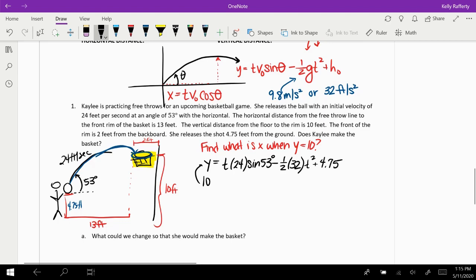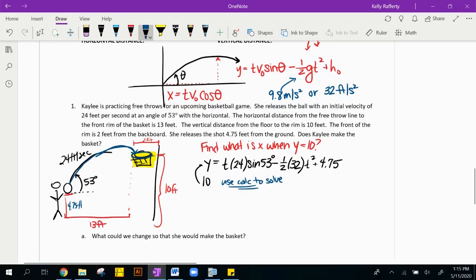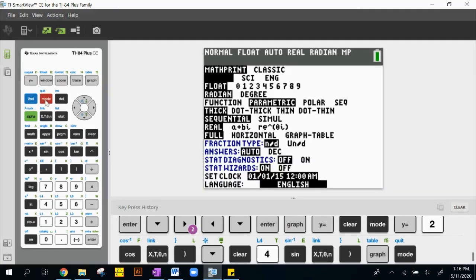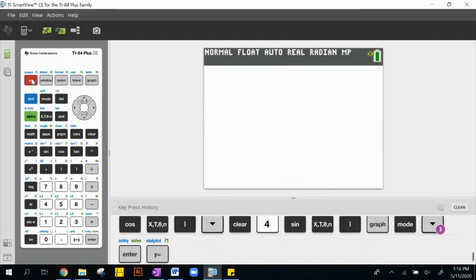Starting with that, we can always get the rectangular form and find the X value, but I'm going to use my calculator and solve by graphing. I'm in parametric mode right now, which you could use, but I want to make sure we're really accurate.